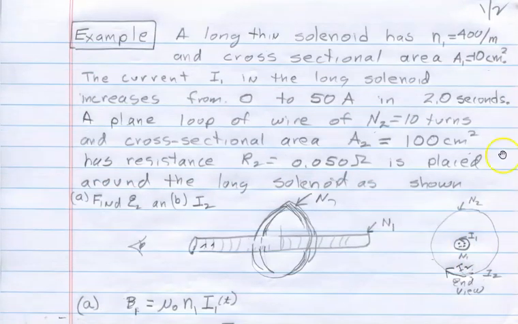Well, we know what the magnetic field is due to the long thin solenoid. It's 0 outside, and inside it's mu naught n1 I1, where 1 is the first one.